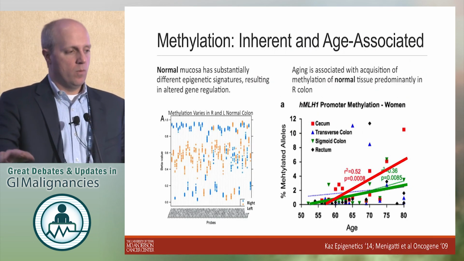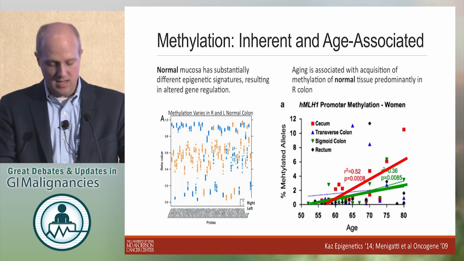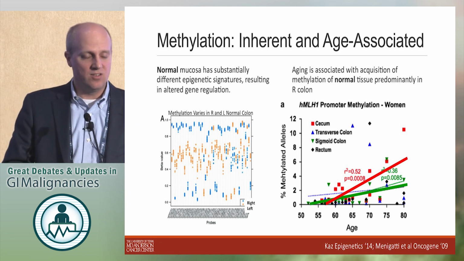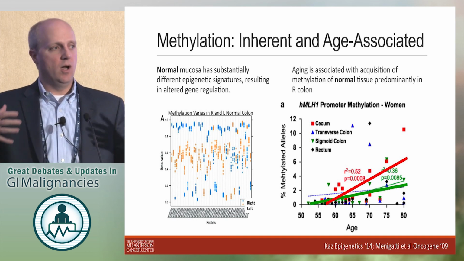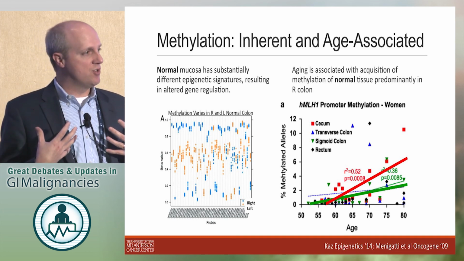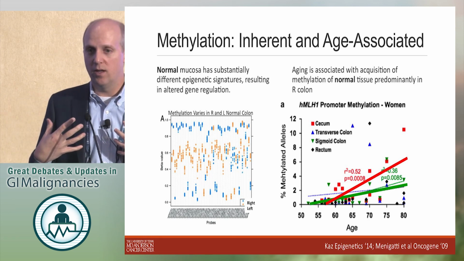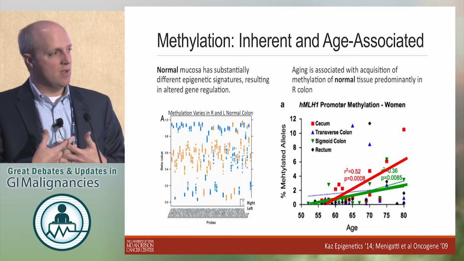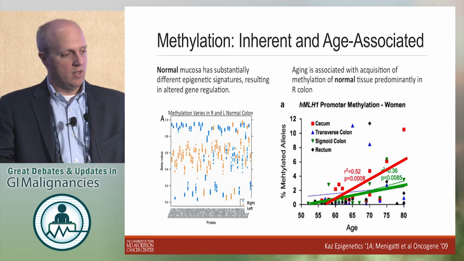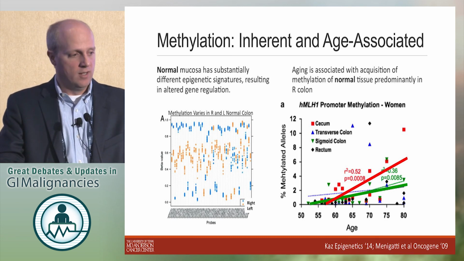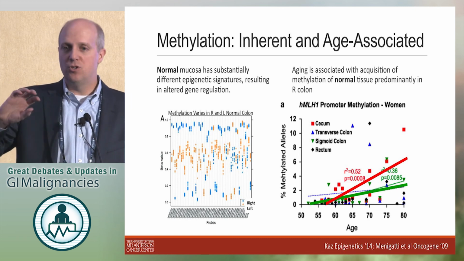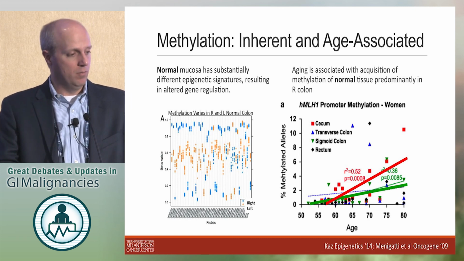The other key difference between right and left is the idea of the field effect. We're familiar with a field effect of damage in the lungs, for example, from smoking, but the same kind of effect can happen in the colon over time. One of the ways we look at that is through methylation, the idea of epigenetic regulation of colon biology.